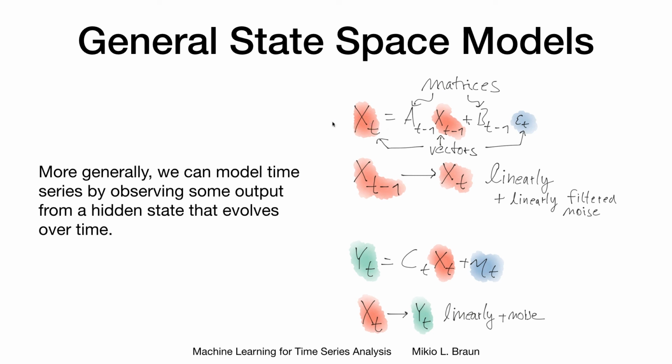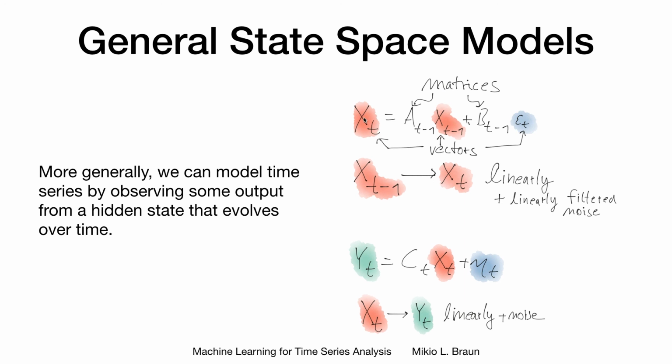There are two parts. One is an internal state, x_t, which evolves over time in a formula which looks a bit like an ARMA model. But we already have the generalization that x_t is vectorial, so it has more than one value.